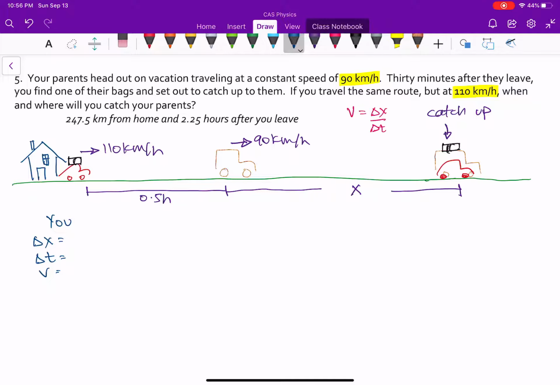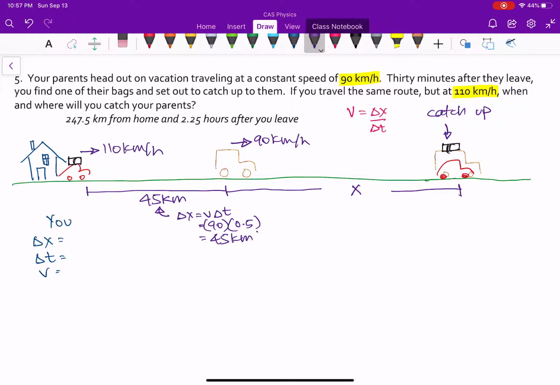The distance they're going to travel by the time you start is going to be 45 kilometers, right? And we get that by saying delta X equals V delta T. V is 90, T is 0.5, half an hour. So then that's 45 kilometers, right?